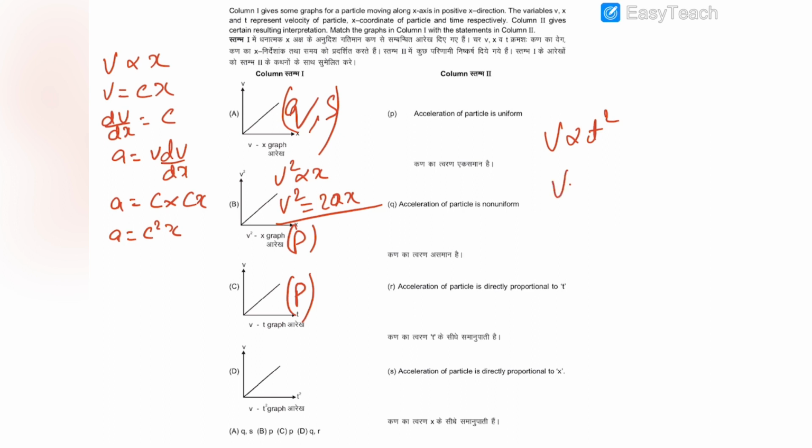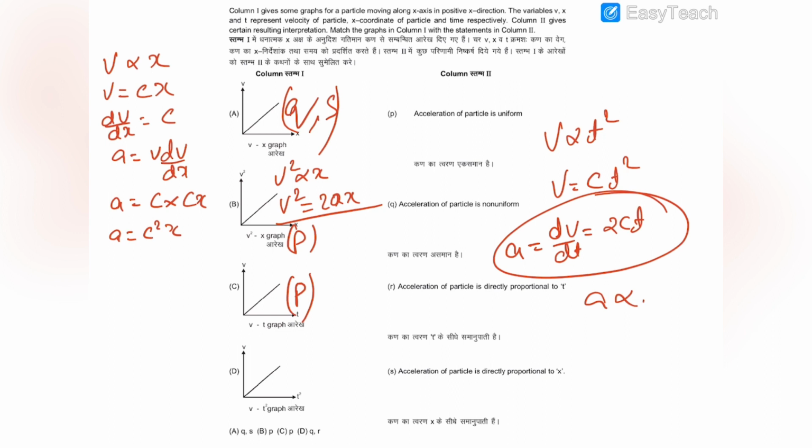So V is equal to some C T square, and dV by dt, the acceleration A, is equal to 2ct. So acceleration is proportional to time and it is variable. So we can say that the correct answer is option Q, because it is non-uniform and it is proportional to time, which is R.